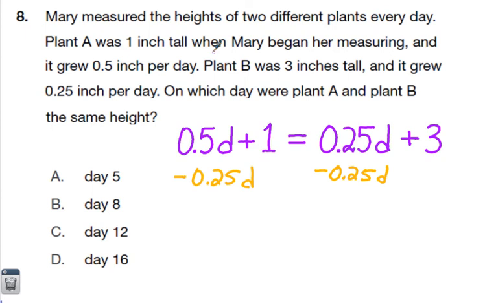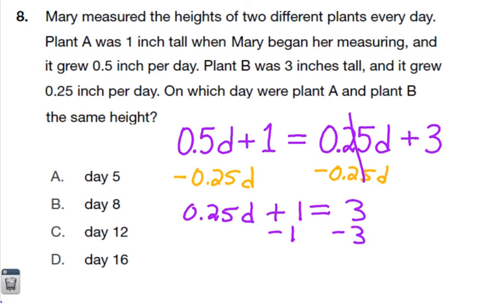And now I just have to solve for D. So this should be 0.25 D plus 1 equals 3. Then I can start to get D by itself. Finally, I would be dividing both sides by 0.25.